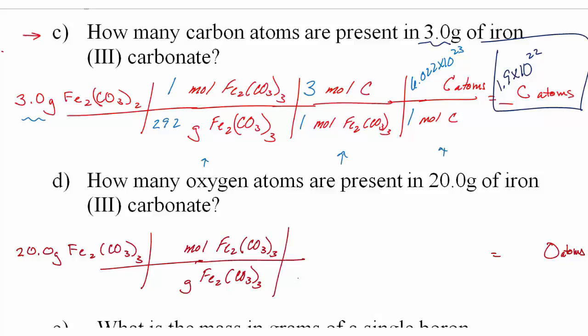And the next step is our mole ratio from the chemical formula, and then Avogadro's number.